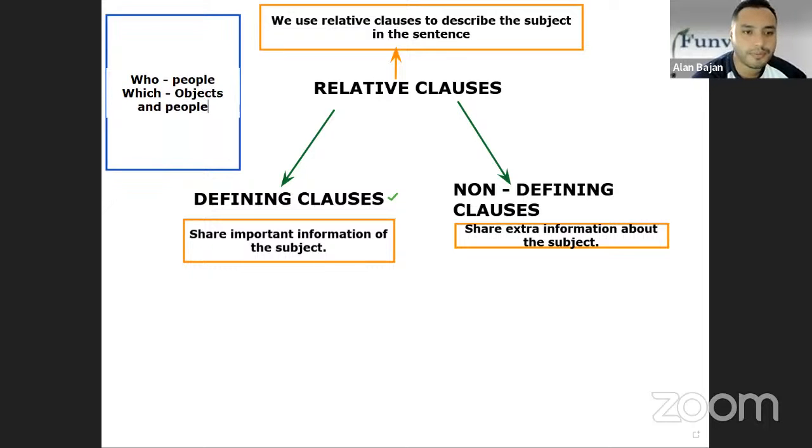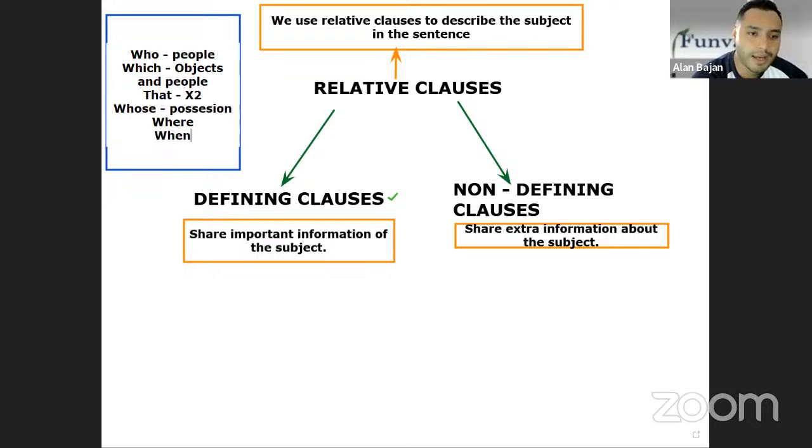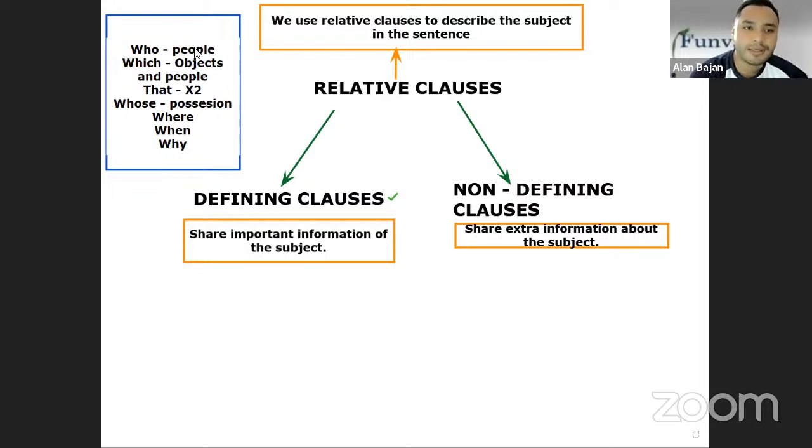And people. I have that. Again, it is for objects and people. I have whose, which indicates possession. And then I have where, when, why. These are relative pronouns.